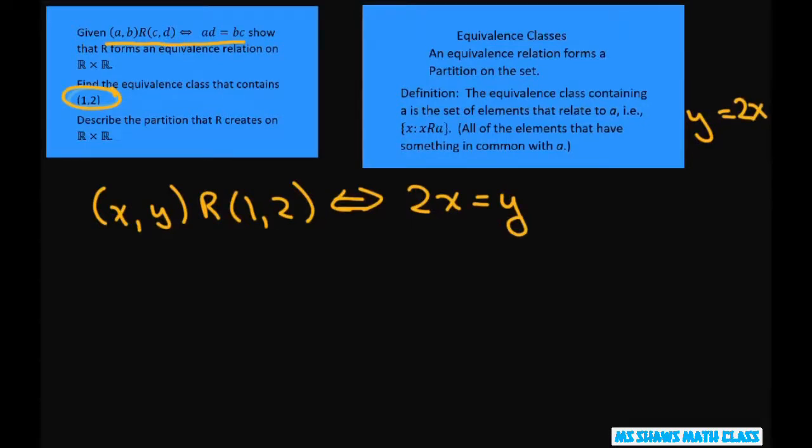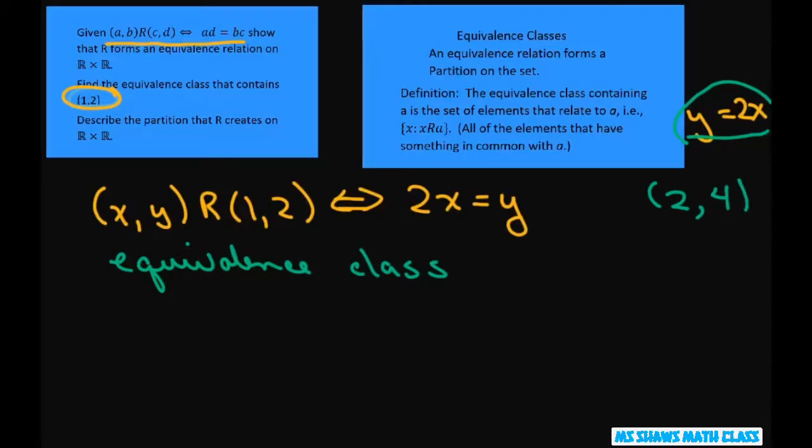Straight line through the origin with the slope of 2. Hence, the equivalence class is the set of all coordinate points that lie on the line. So for the equivalence class, it's all ordered pairs, all points that lie on this line. So for example, when x is 2, y would be 4. When x is 3, y would be 6, and so forth. That would be your equivalence class.